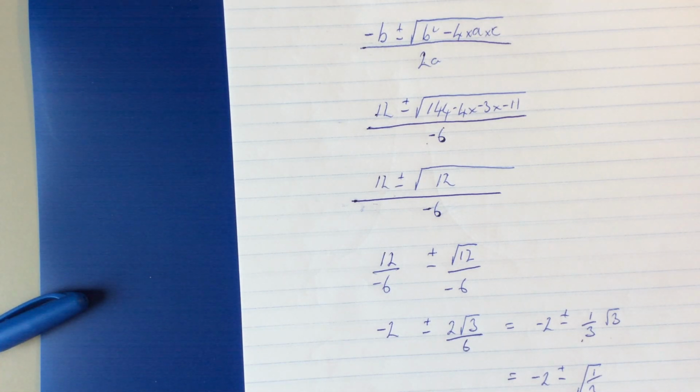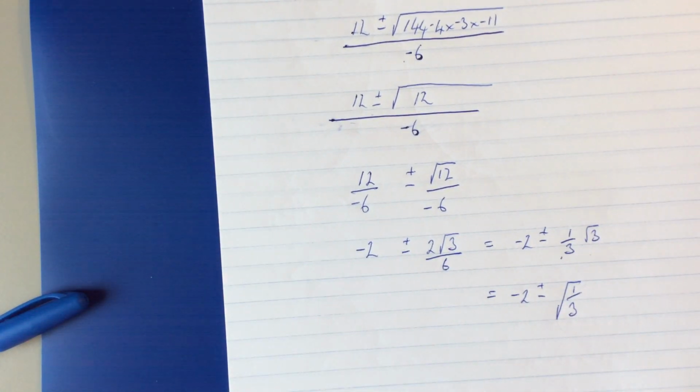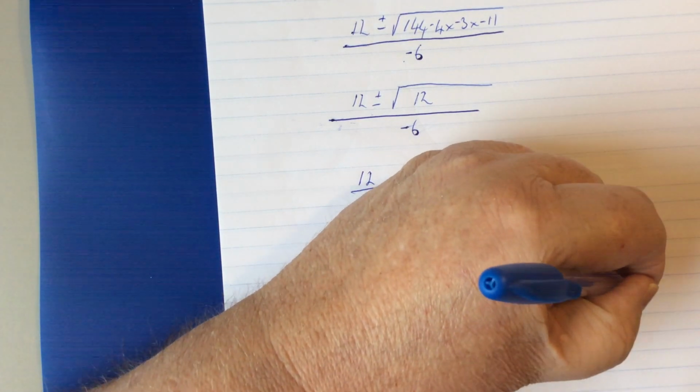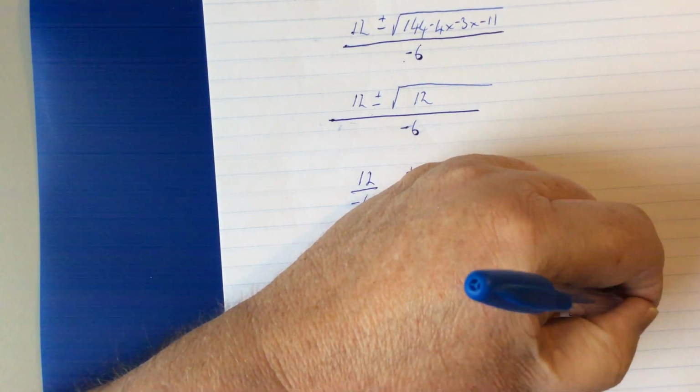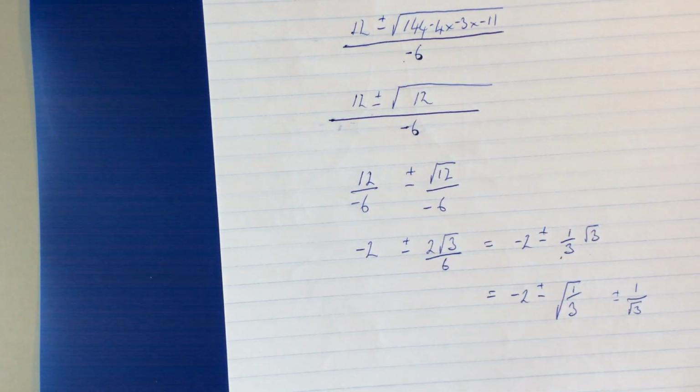I would not have chosen to complete the square in this case because it's just a pain. But anyway, that's our answer: negative 2 plus or minus root 1 over 3, or if you want to write it as 1 over root 3, still plus or minus, because the square root of 1 is 1.